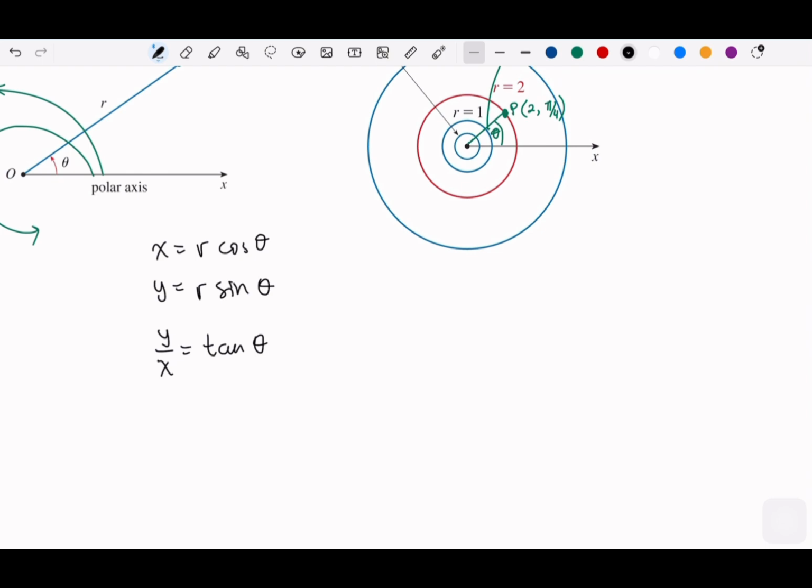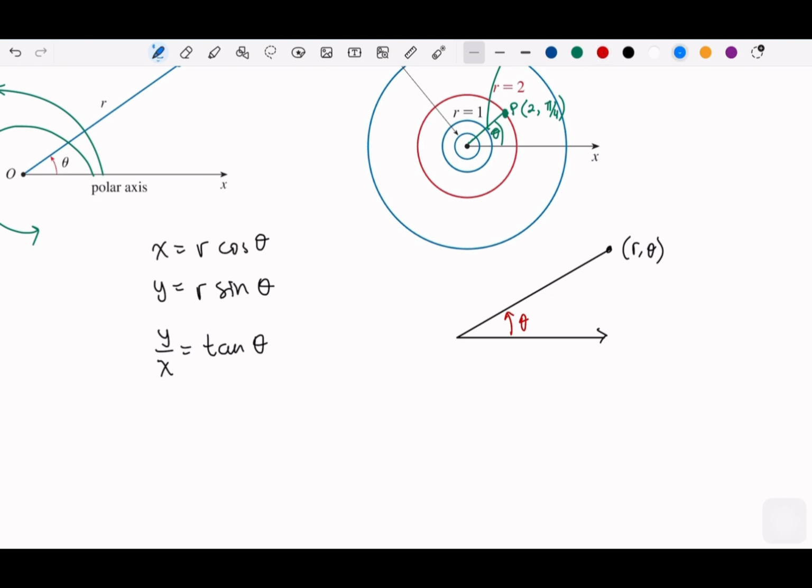Let's say we have a polar plane here. This is the point r, theta, and we have an angle here, which is theta.